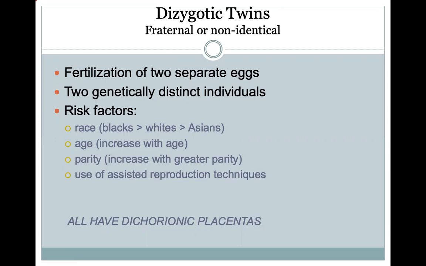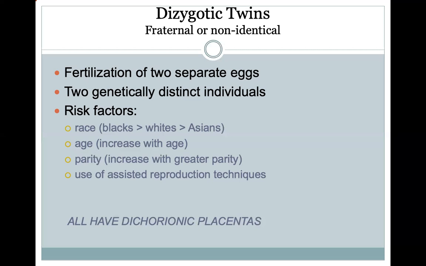For instance, in Nigeria, the incidence of dizygotic twins can be as high as 60 to 80 per thousand births. In the United States, the incidence is about 12 to 15 per thousand births. So race has a big impact. African Americans have a much higher rate than Caucasians, and Asians have the lowest rate.